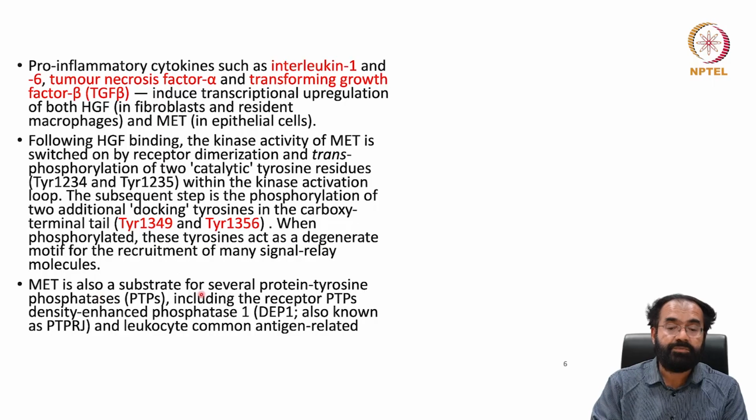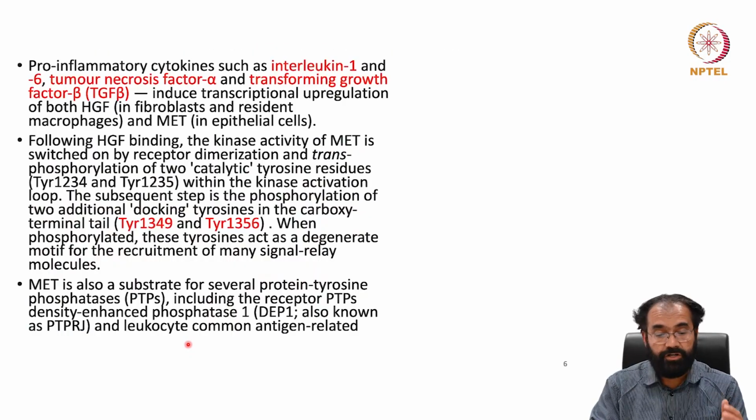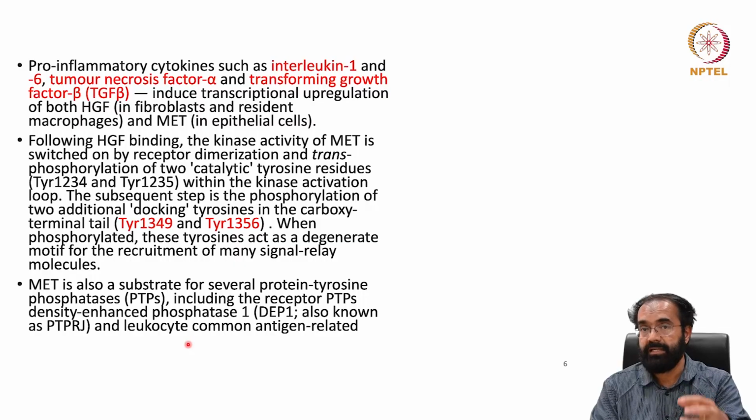MET is also a substrate for several protein tyrosine phosphatases known as PTPs, including the receptor PTP density enhanced phosphatase 1, also known as DEP1, and it has another name, PTPRJ, because in different articles you will also see this name, and also leukocyte common antigen related. This is another protein which is contributed by these signaling events.